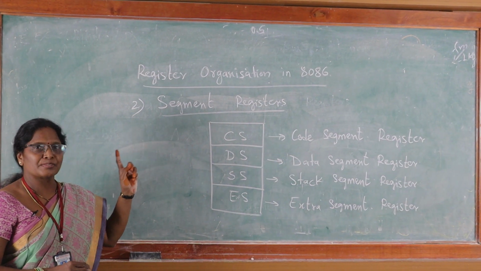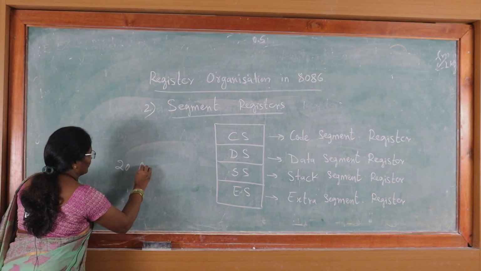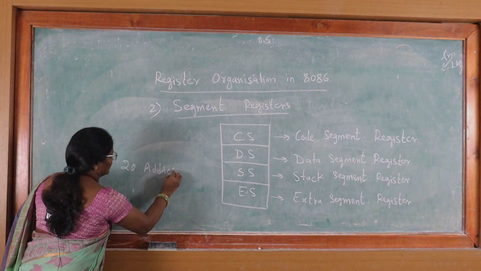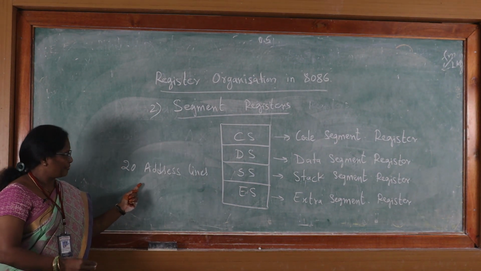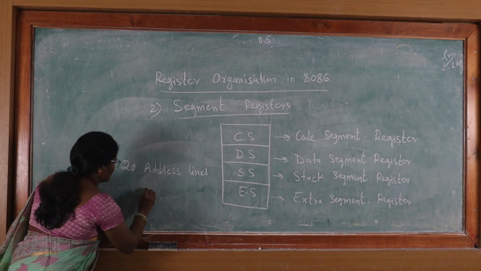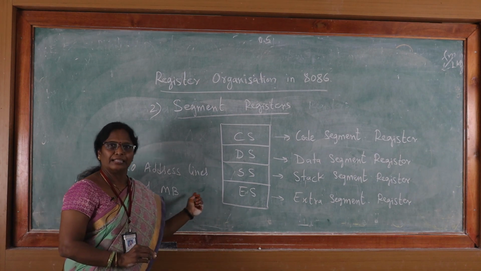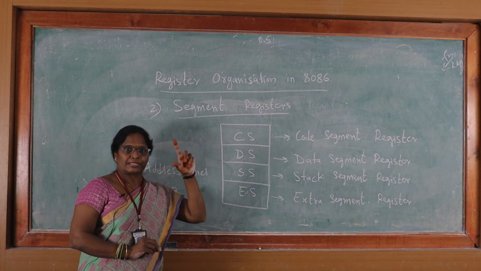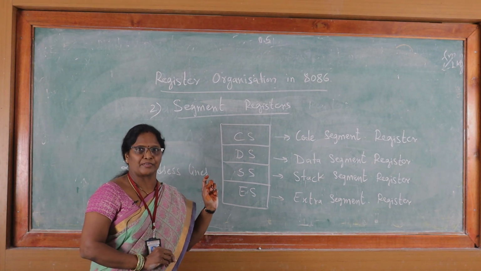Basically, the 8086 microprocessor contains 20 address lines. With the help of 20 address lines, 1 megabyte of memory can be addressed. So here, the 1 megabyte of memory is divided logically into 16 segments.